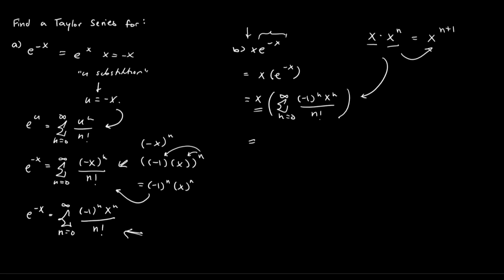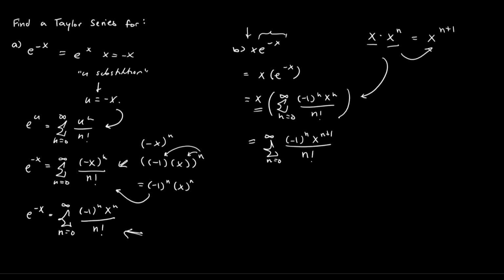So this is going to be equal to the sum from n equals 0 to infinity of negative 1 to the n, x to the n plus 1, divided by n factorial. And that's your answer for that problem.